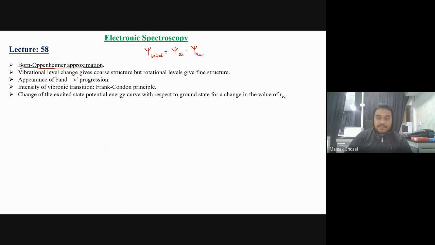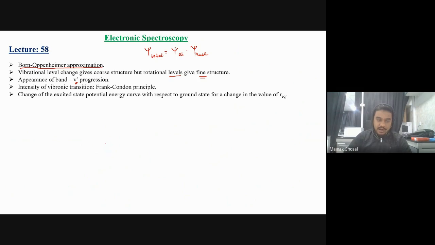Then it was shown that vibrational level changes give coarse structure, but rotational levels give fine structure.